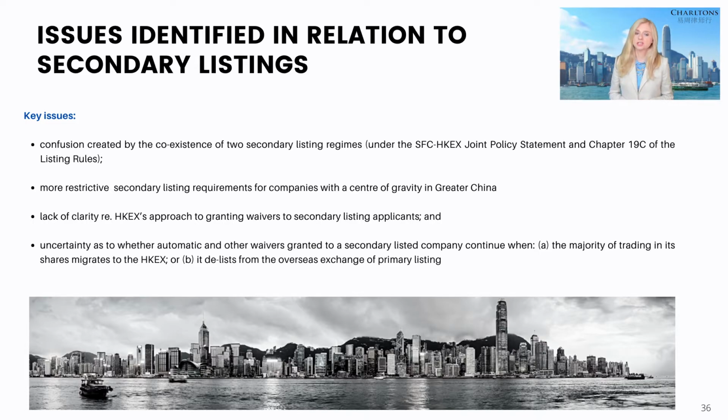Thirdly, the Hong Kong Exchange's approach to granting waivers to secondary listing applicants is currently unclear. Lastly, the market is unclear as to whether automatic and other waivers granted to a secondary listed company will continue when the majority of trading in its shares migrates to the Hong Kong Exchange, or it delists from the overseas exchange on which it's primary listed.